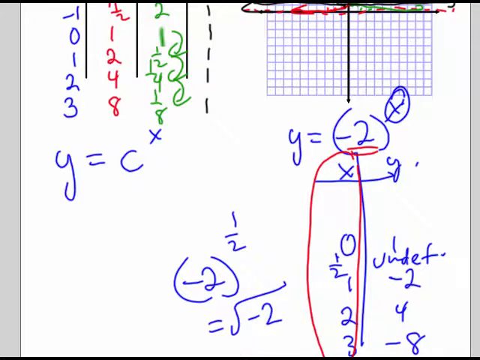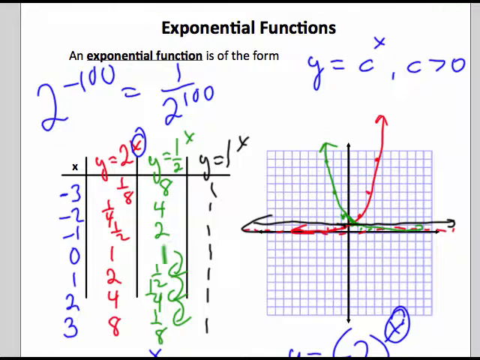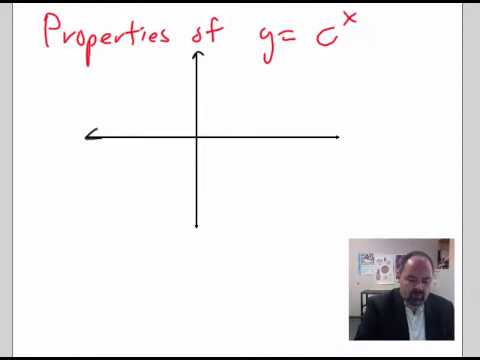The other thing you'll notice in this case is that the y values are inconsistent. They're positive, they're negative, they're getting bigger or smaller. So there's no consistent pattern. So just to avoid all of those issues completely, an exponential function is defined for positive values of the base only.